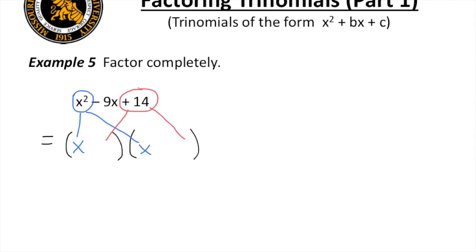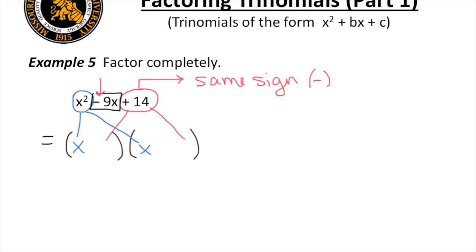Since this third term in the trinomial is positive, that tells us that the factors we choose must have the same sign. To determine whether they're both positive or both negative, we look at the middle term. Since that middle term is negative, that tells us that both numbers that we place into our binomial must be negative.